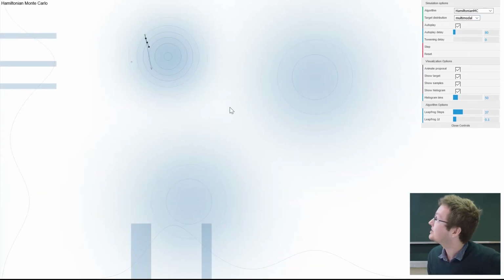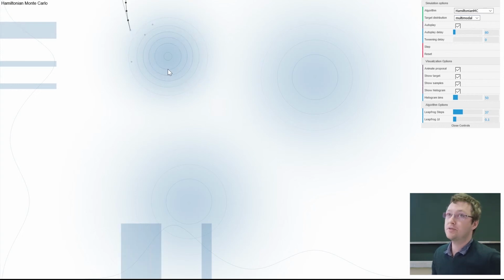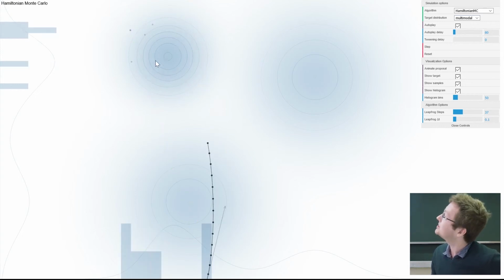Yeah, so this is like a multimodal distribution. I don't know if it's hard to see, but there are three circles of high probability here.